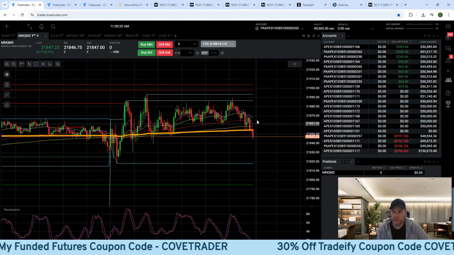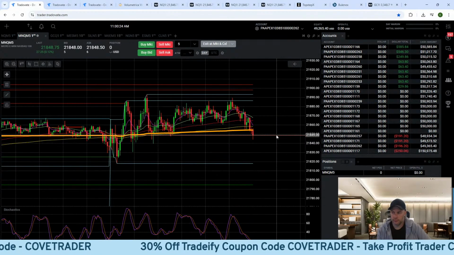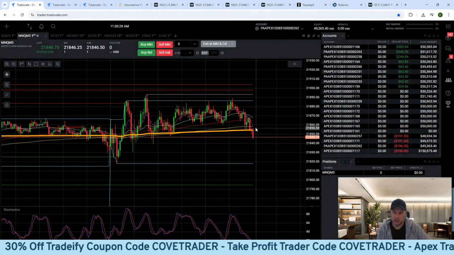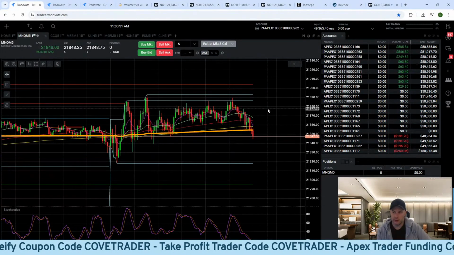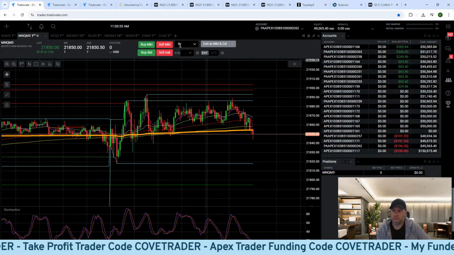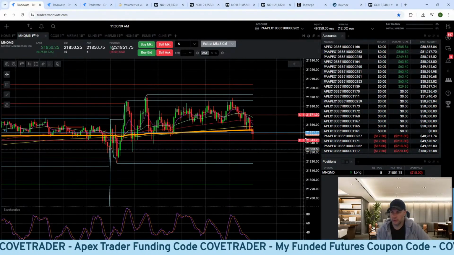I have this weird feeling they're just going to rip it right back up. I have the feeling they're going to fake it out. The next candle is going to be green up to 56, and then they're going to bring it back up. Let's see if I'm right.